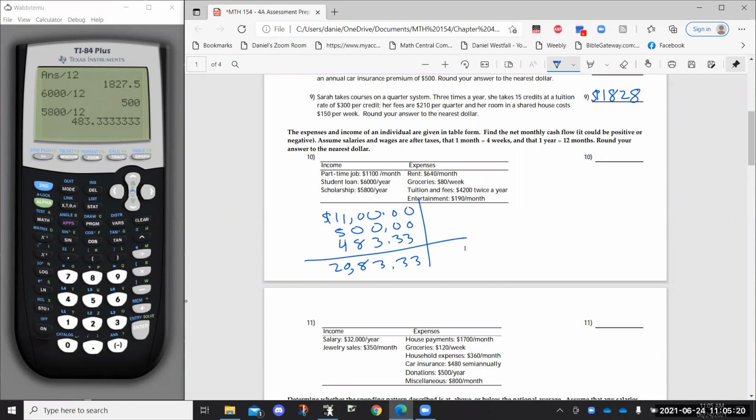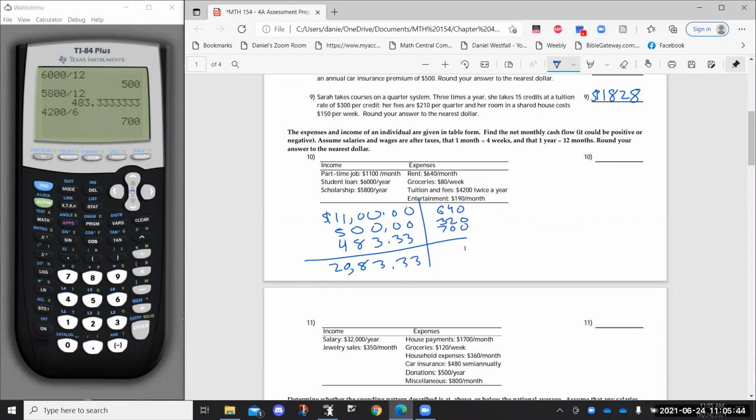We're going to have 640 on this side. We're going to pretend that there's 4 weeks in a month, so we're going to call that $320 a month. This is divided by 6, because that's a 6-month period of time and we want to get monthly. So that's going to be $700.